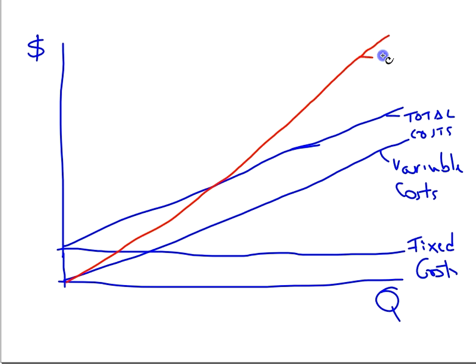So this is revenue, and here there is a point in which these two lines meet each other, and that point is where we are going to have our break-even point.